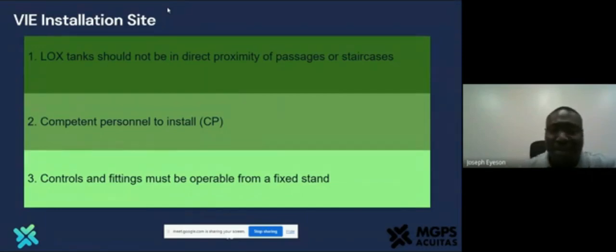It cannot be installed under a staircase, but there should be enough ventilation around it. Competent persons are always advised to do the installation when it comes to liquid oxygen. The controls and fittings also have to be installed at a fixed point, because if they are movable, in case of any eventuality they can move and create problems for the entire facility.